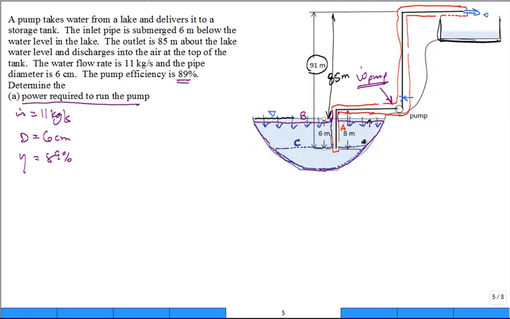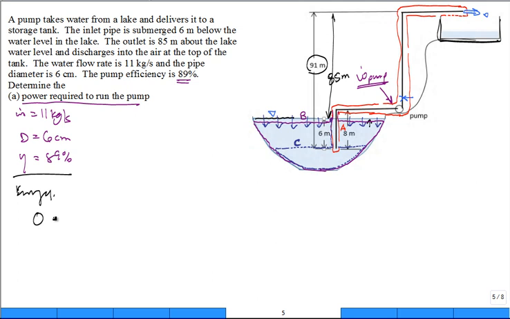And as the water surface drops, I need to inch that top surface of my control volume down. Maybe it's not 6 meters above the inlet to the pipe. Maybe after a couple hours of pumping, it's 5 meters above or 4.5 meters above, right? But I would have to inch the control volume surface down if I start draining the lake. Okay, now we apply the conservation of energy, or energy balance, for that control volume.